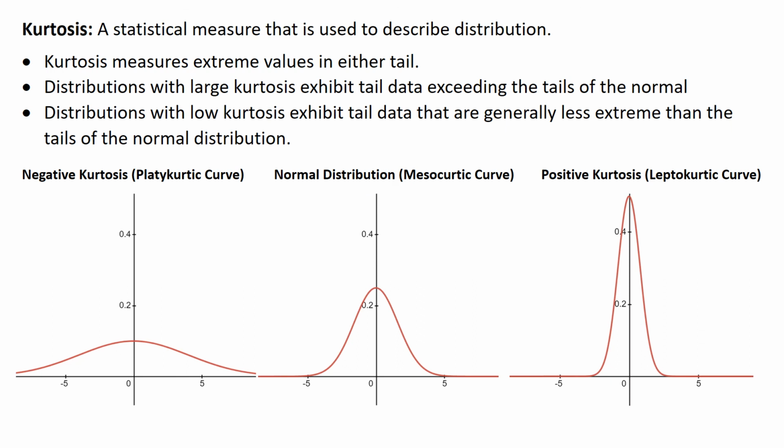Now, kurtosis will have a normal distribution, but what we're looking at here is the range. If I assumed each one of these is a group of 1,000 individuals, there's a greater spread or range on the negative kurtosis, which is also called platykurtic. A platykurtic curve is kind of pushed down.